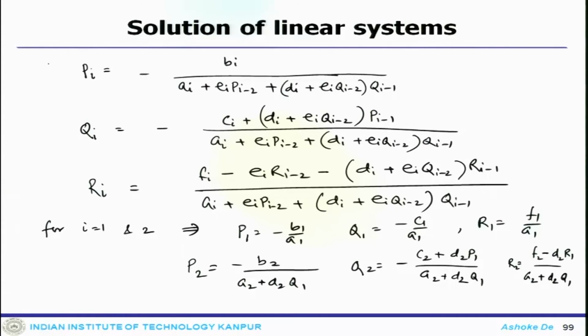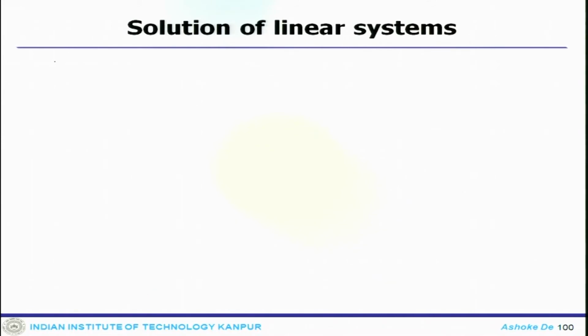In this expression, if you put i equals 1 or 2, you get back these specific numbers. Since Bn minus 1 equals Bn equals Cn equals 0, this leads to Pn minus 1, Pn and Qn equal to 0.